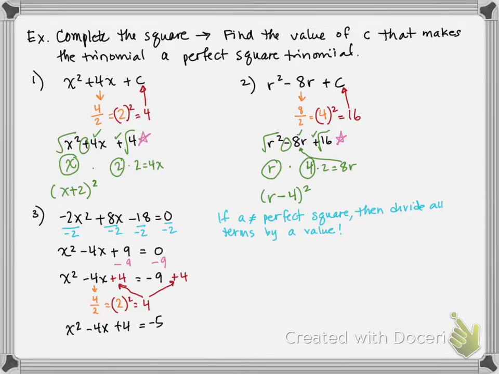Now, I can factor the left side, and we'll just double check it real fast. The square root of x squared is x. The square root of 4 is 2. It's positive. If I multiply those and double it, I get 4x, and that matches. So I'm going to continue the problem off to the side.